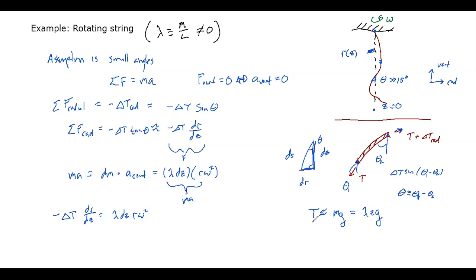So we have, again, really just abusing the small angle approximation. It's amazing this works as well as it does, in my opinion, at least. So we can rearrange this and get, calling this big delta for a second, delta T over delta z, dr dz, and then putting the minus on the other side, minus lambda r omega squared.